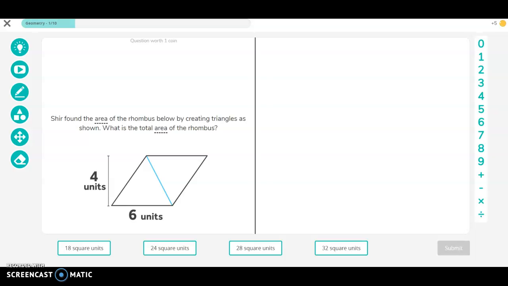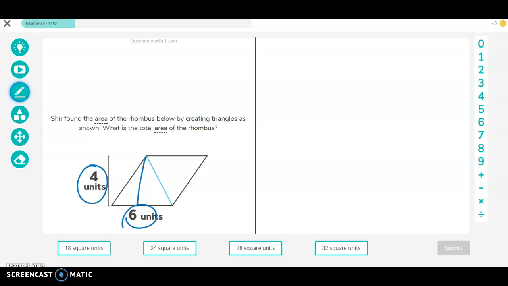Alright, here we go. We have a rhombus, and we created 2 triangles to find the area. So our triangles are this one. As you can see, you have this triangle, and we have this triangle. We know the height from top to bottom is 4 because it shows us that over here, and our base is 6.